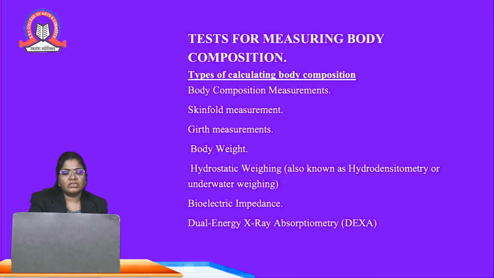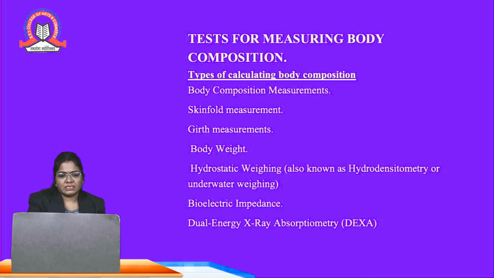We take the weight of our body, by that also body composition can be found. Hydrostatic weighing, also known as hydrodensitometry or underwater weighing. Going inside the water also we can weigh our body composition, that is hydrostatic weighing.